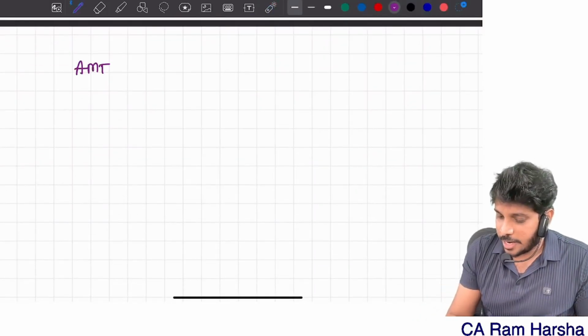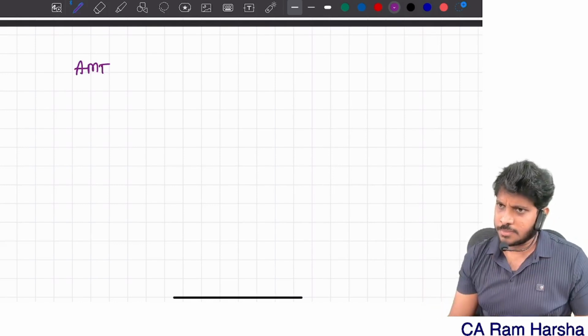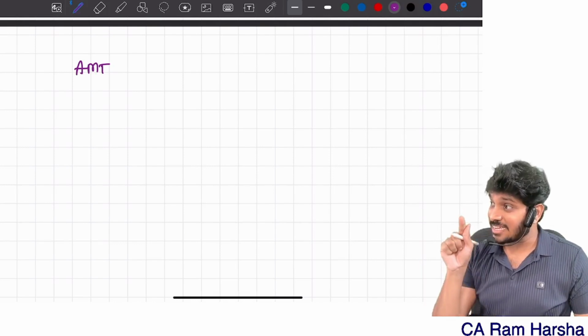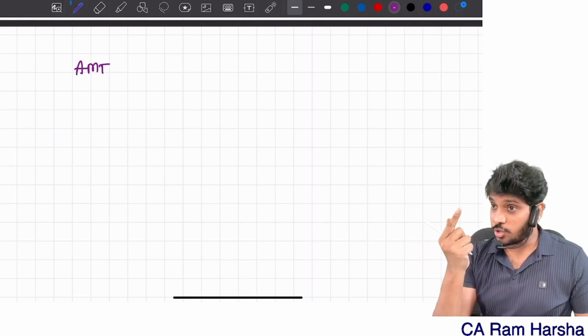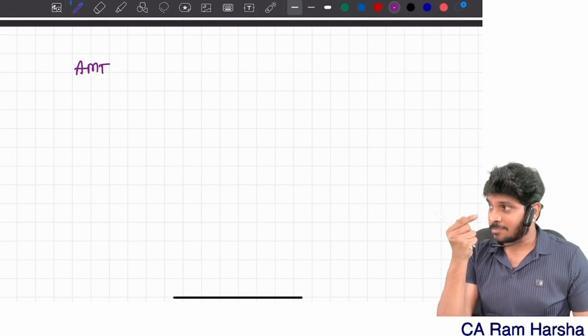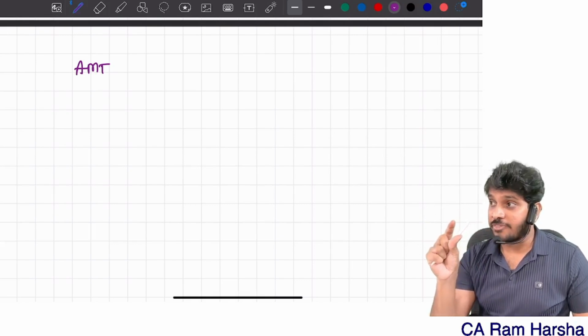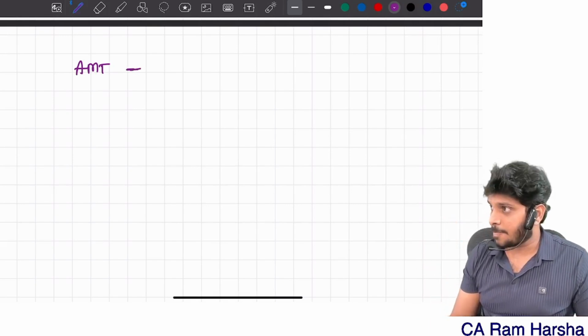Suppose alternate minimum tax is computed. Every year you compute AMT. You will compute AMT only when in that year the assessee claimed deductions under 35AD, 80JJAA, 80QQB, 80RRB. Then to the total income, add back them. The adjusted total income you will get. On that, 18.5% you compute. Then the tax is called AMT.